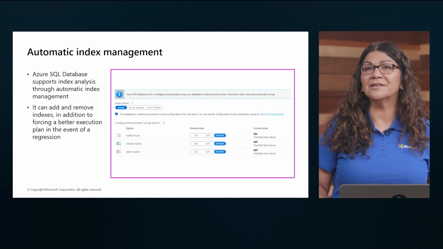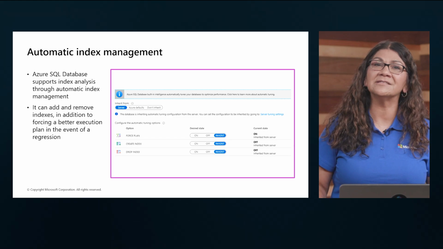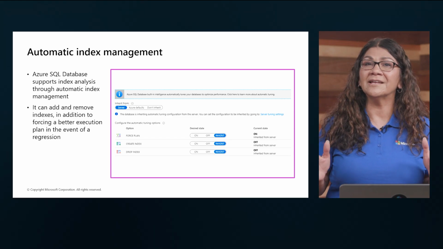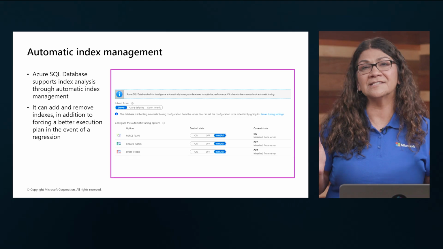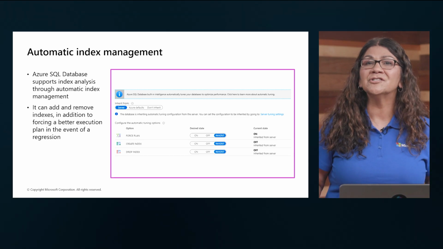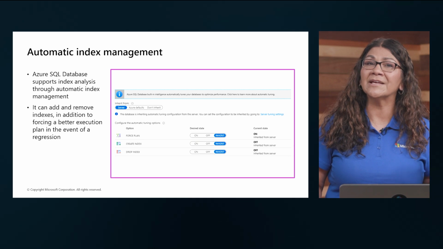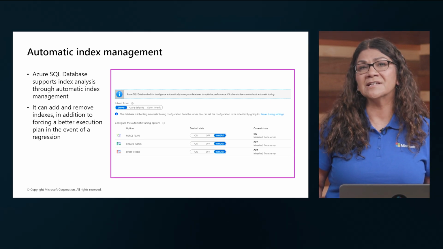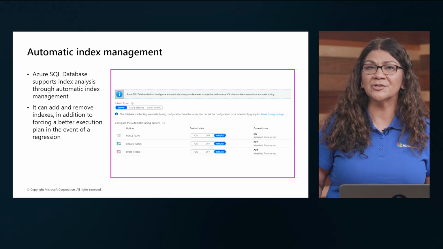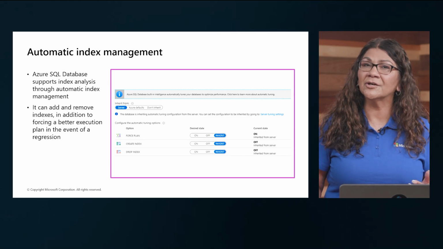Automatic index management in Azure SQL Database is a feature that intelligently analyzes workload patterns to optimize performance by automatically creating and dropping indexes and forcing improved query execution plans when regressions occur.